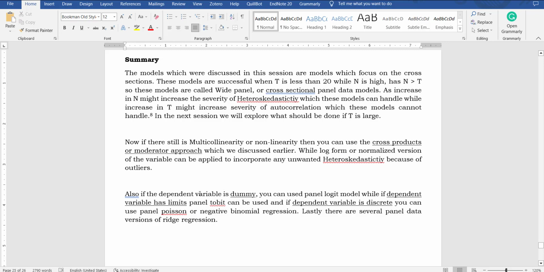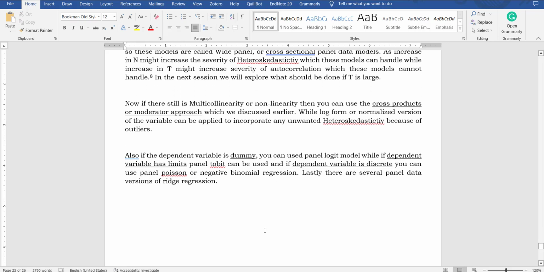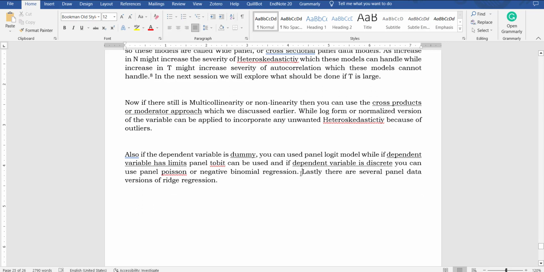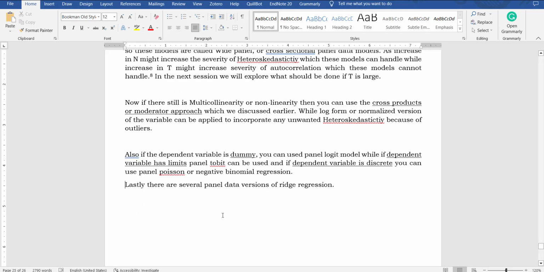You can add dummies to solve for problems. If the dependent variable is a dummy, you can go for a panel logit model, or if the dependent variable has limits, panel Tobit, and if the dependent variable is discrete, then panel Poisson or negative binomial regression. And if there is still multicollinearity existing, then you can go for the panel data version of ridge regression.